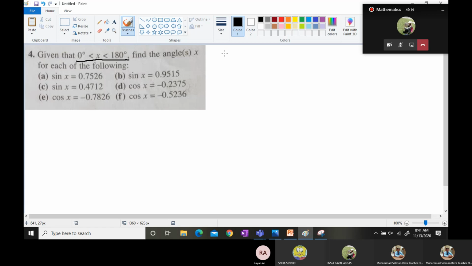So again, this is the same thing: sine x, if it is 0.4712, then I'm going to write x is equal to sine inverse of 0.4712. When I put it in my calculator and close the brackets, it is going to give me the answer that x is 28.1 degrees.